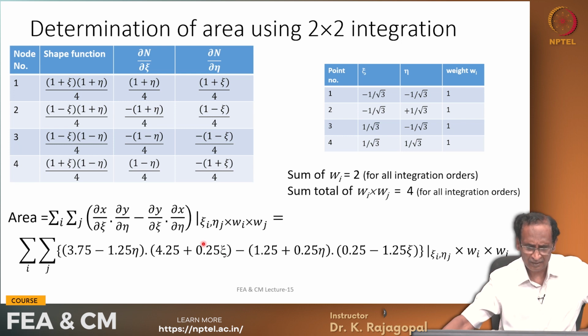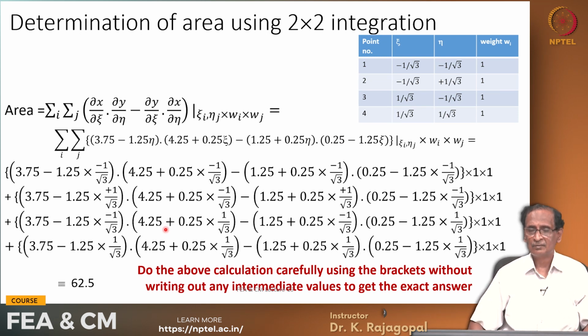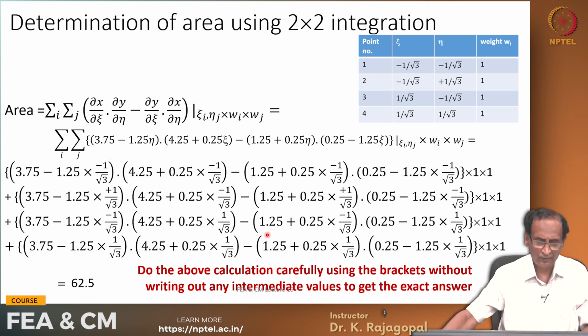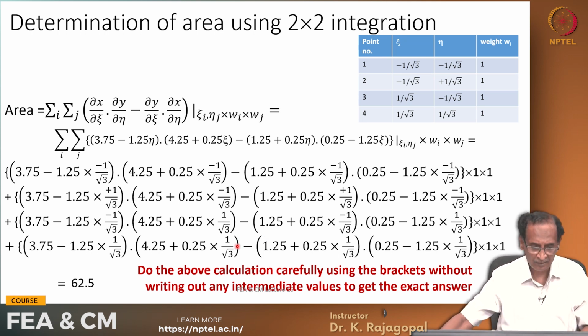And so, if you substitute the various values, you will actually get a very complicated equation, and then on top of that, we have to substitute ξ and η values at 4 points, because it is a 2 by 2 integration, and we will get a long equation. And if you solve this long equation without rounding off any numbers or writing out intermediate values, we will see that this is 62.5.